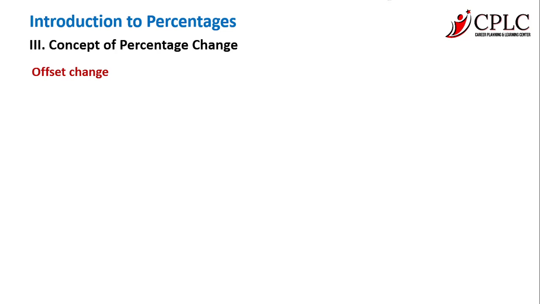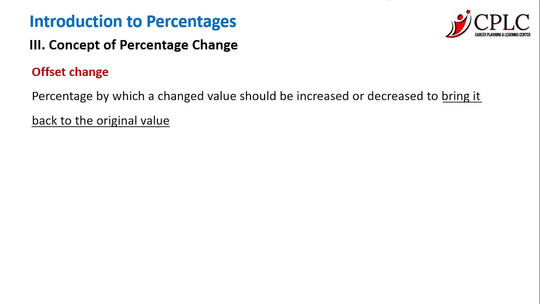For example, let's look at the definition first. The definition is the percentage by which a changed value should be either increased or decreased to bring it back to the original value. And this part is the key part, bring it back to the original value. Now we'll see a couple of examples so that you also understand what needs to be done in such expressions or questions.